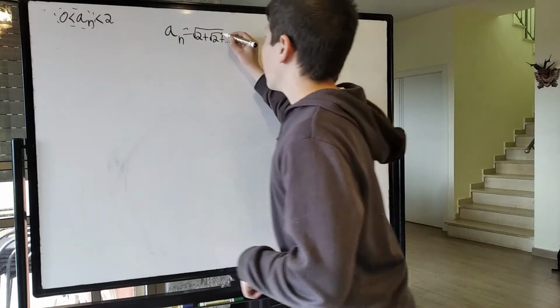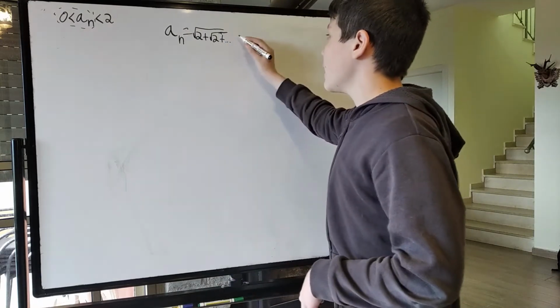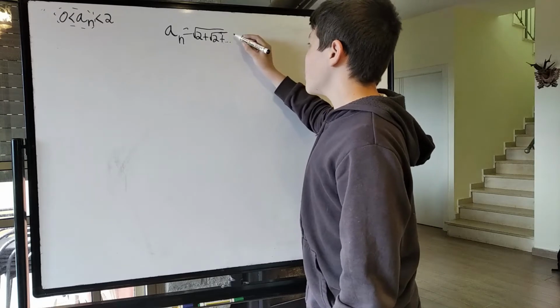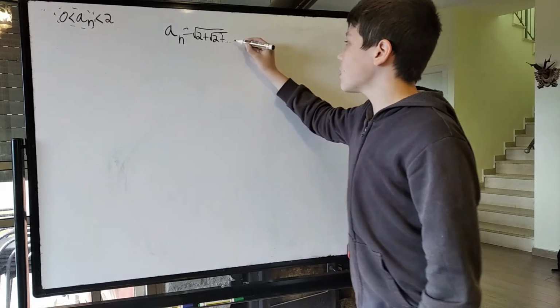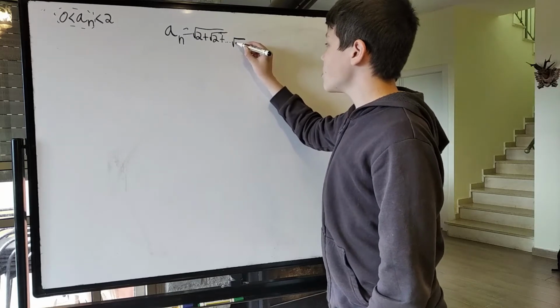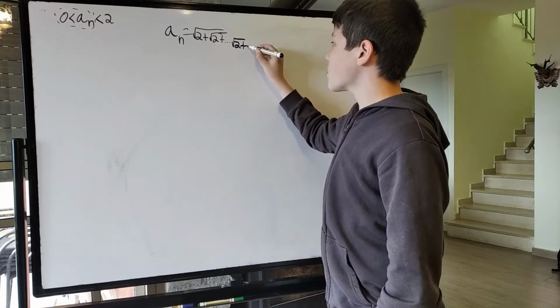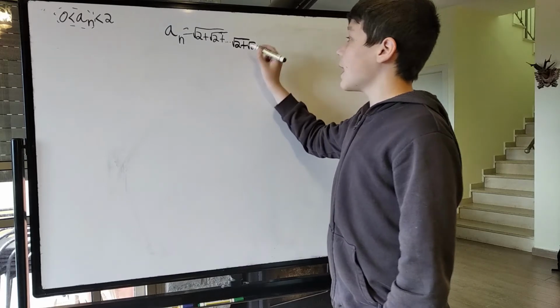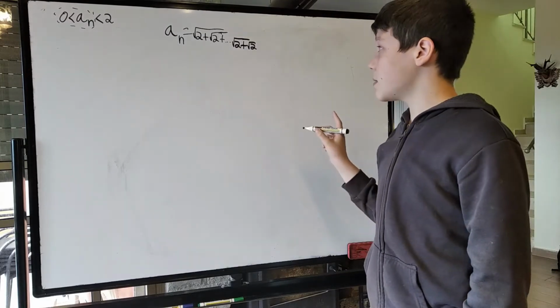So if we continue here, a_n, we get 2 plus, all the way on to plus the square root of 2 plus the square root of 2, and 2 appears n times.